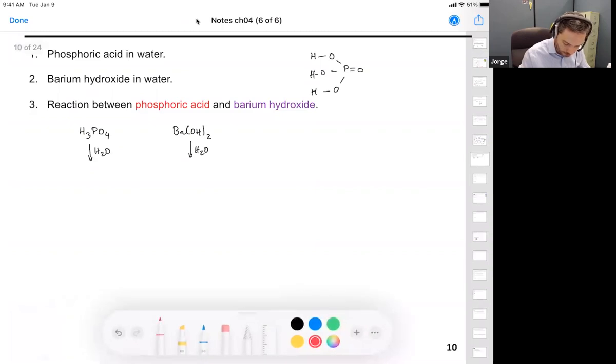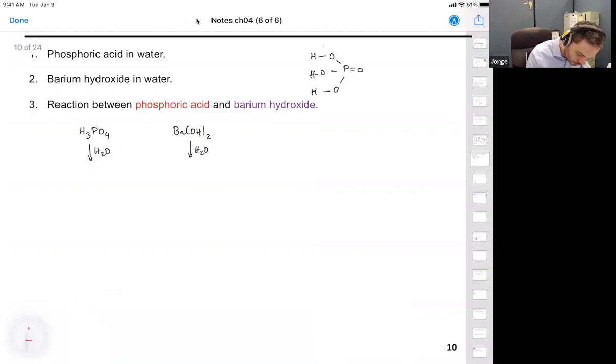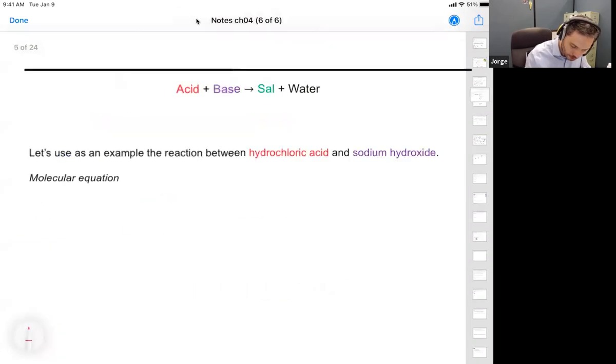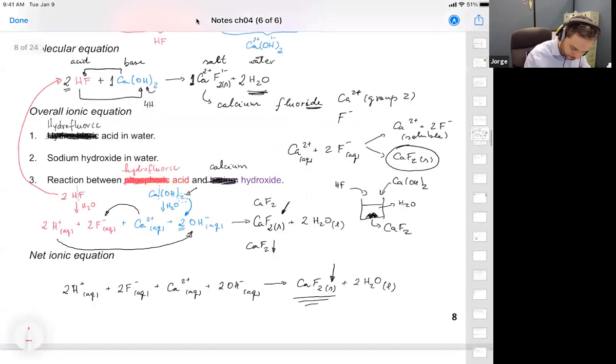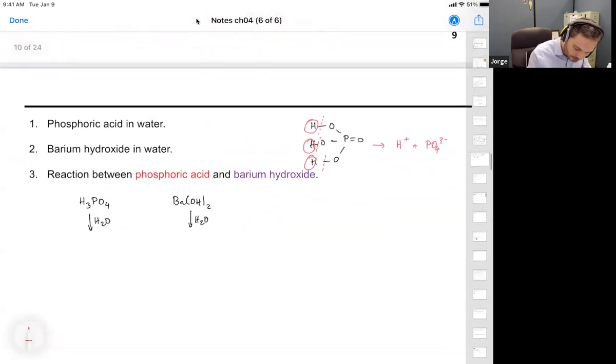What the water is going to do in this case is to break the bonds between hydrogen and oxygen. So what we are going to produce here is H plus and PO4 3 minus. Because you have 3 hydrogens bonded to the oxygens, we are going to produce 3H plus. Be very careful with that.